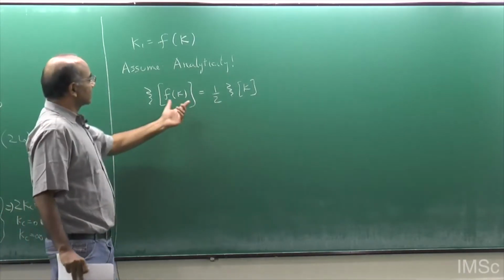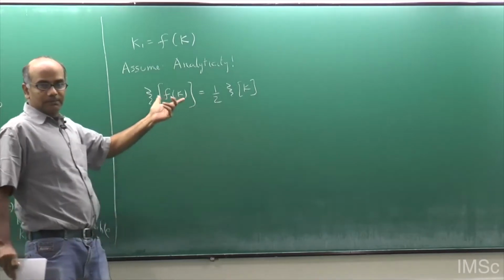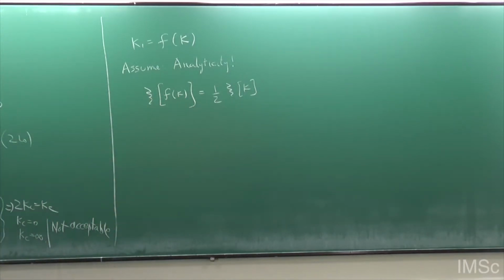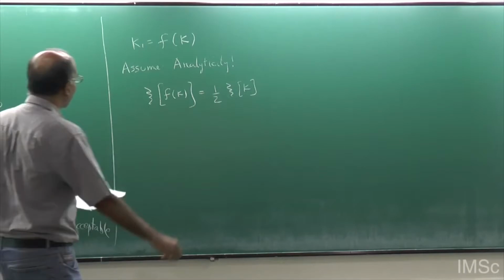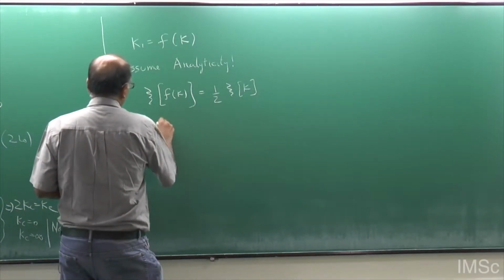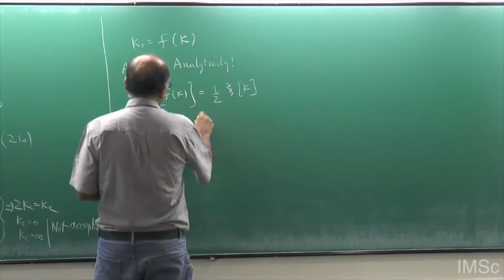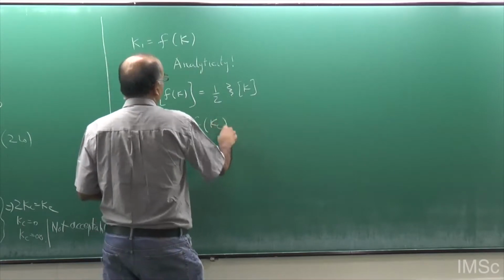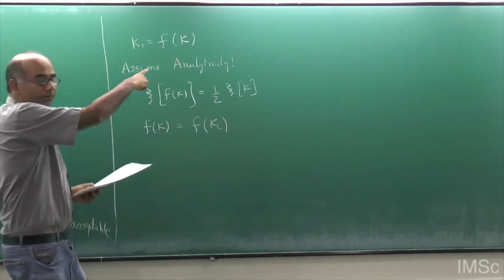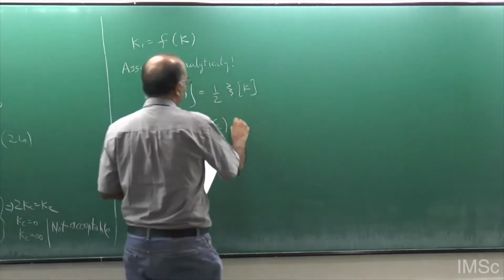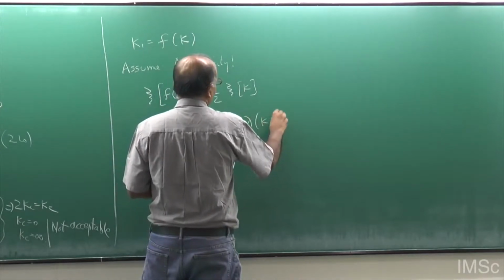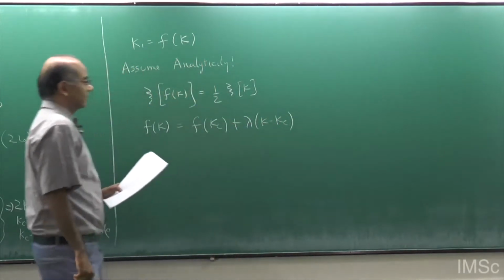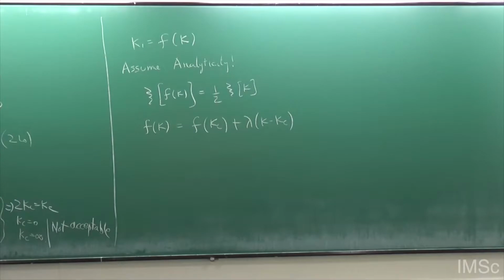The new thing is this f of K is not 2K, it's something else. So we assume some form of f of K, and do a Taylor expansion. This is f of Kc because it's analytic, and you say it's some lambda times K minus Kc. If you're near enough, you could just do that.